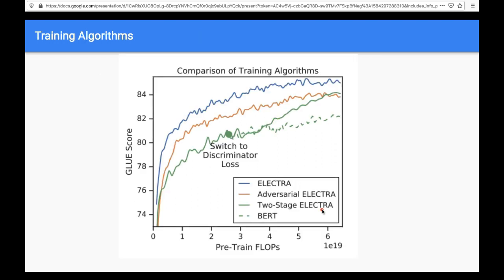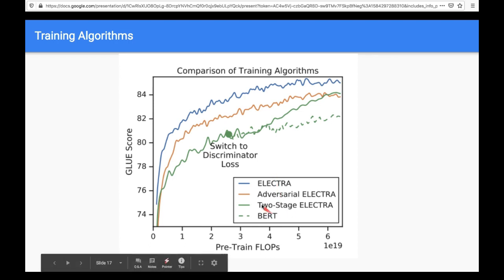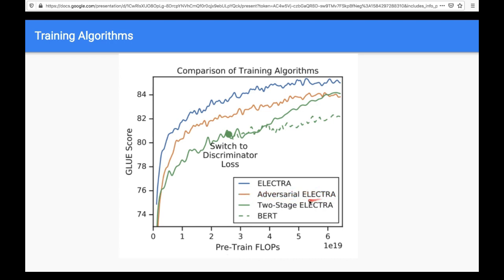And also they have three different training algorithms. Basically, they change the training procedure a little bit. The first one is joint training, ELECTRA, where you just jointly train these two loss functions. And the second one is adversarial ELECTRA training. Basically, they use a bit of reinforcement learning to let the loss function go across the discriminator and generator.